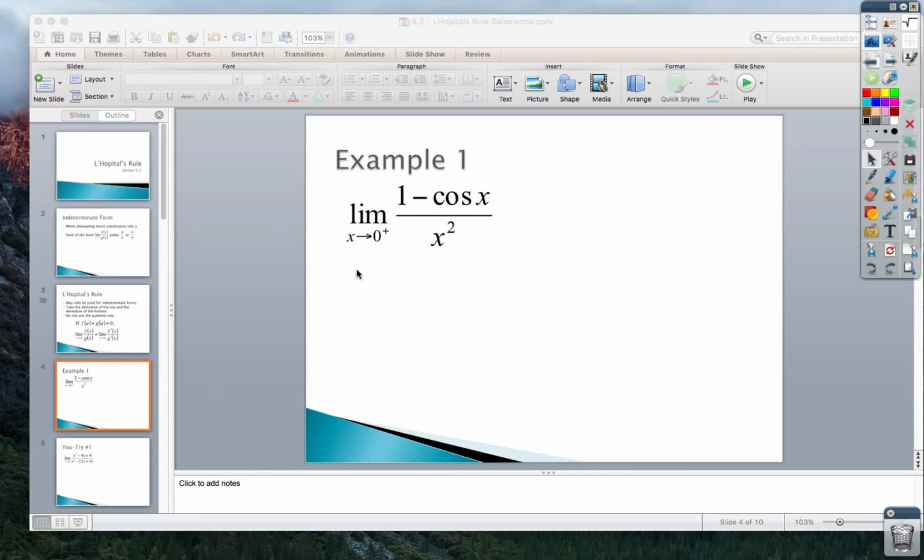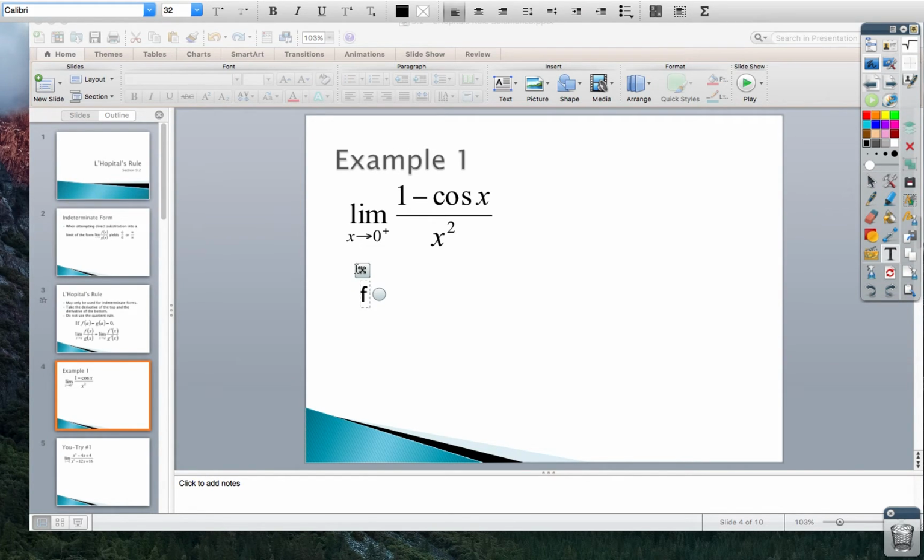So we're going to take the derivative of the numerator, which is f of x equals 1 minus cosine x, and g of x, which is equal to x squared.